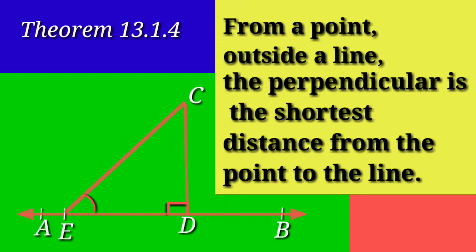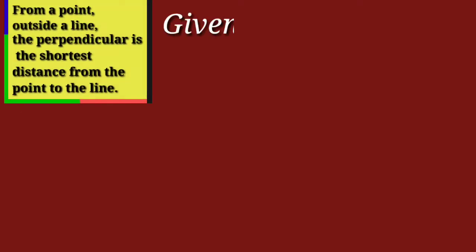From a point outside a line, the perpendicular is its given, while the perpendicular is the shortest distance from a point to the line is its proof.